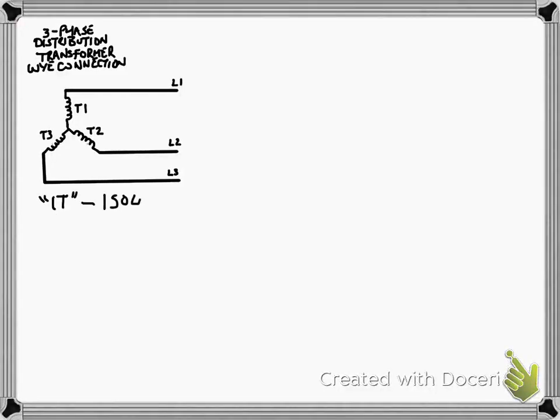Okay, so let's look at our first iteration. This is the isolated version. So we have our three coils on the transformer, our three load leads, and this is, at its most basic, an isolated or IT system.